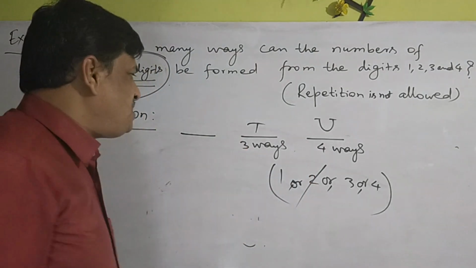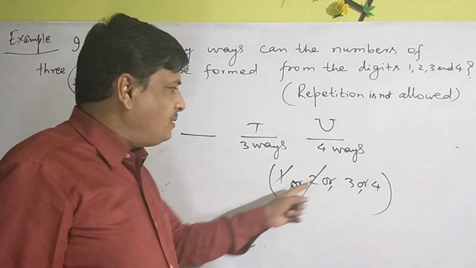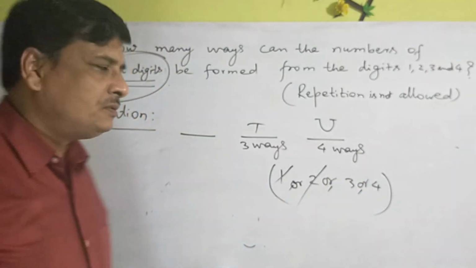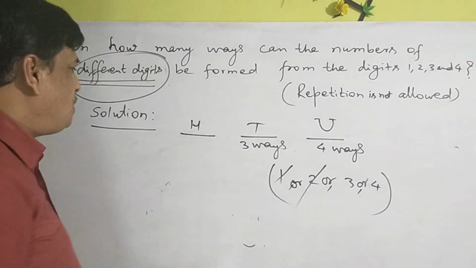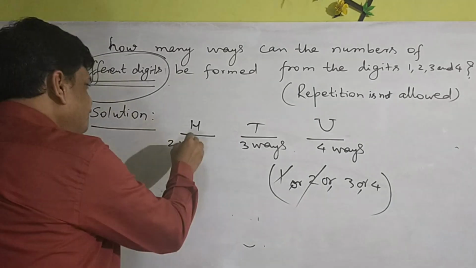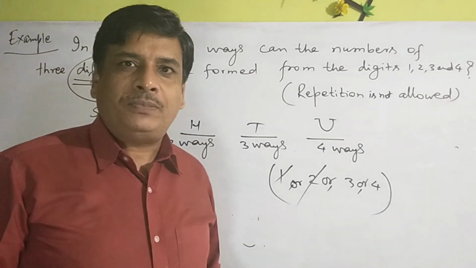Suppose the tens place is filled up by the digit 1. Then what will remain? 3 and 4. So for the hundreds place, only 2 digits will remain by which this place can be filled up.